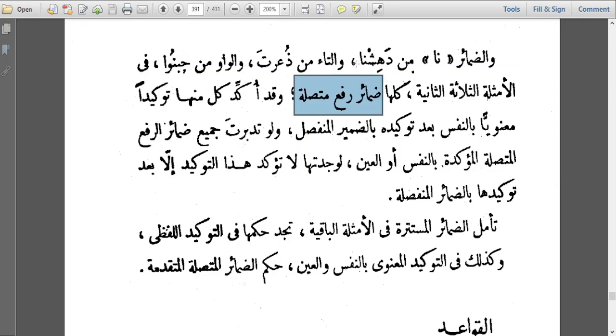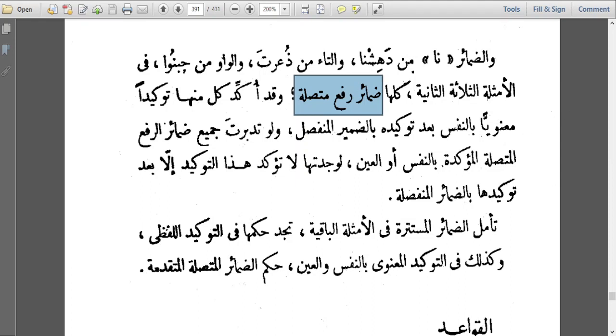Okay, the na is ضمير رفع, it comes as a fa'il, and in ذعرت, the ta is ضمير رفع متصل. جبنوا, the waw here is ضمير رفع. They are all in the position of fa'il. That's وقد أكد كل منها توكيدا معنويا. Each of it has been emphasized with a توكيد معنوي.